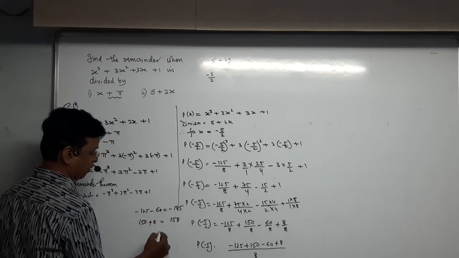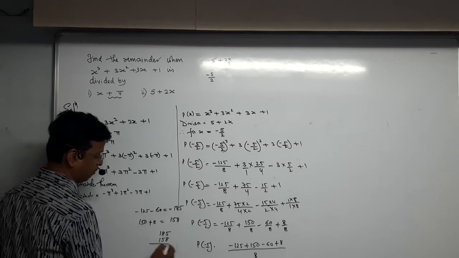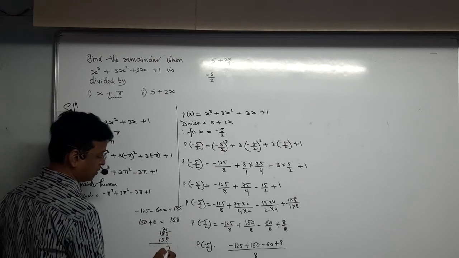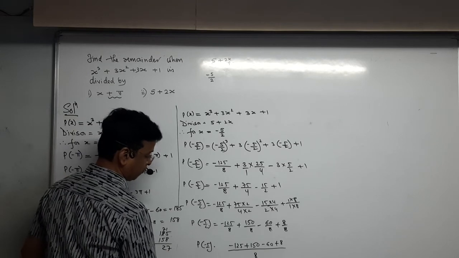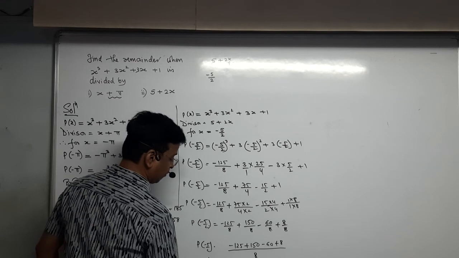These two will be subtracted, 185 minus 158, and suppose the sign of the greater number. The answer will be P of minus 5/2 will be equal to minus 27/8.